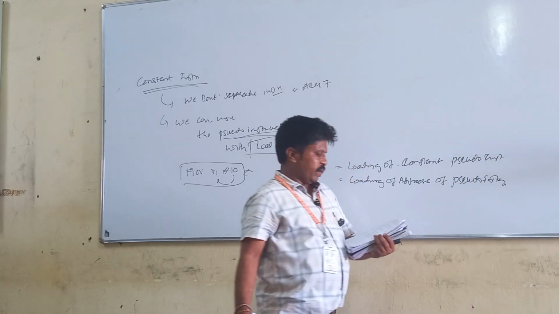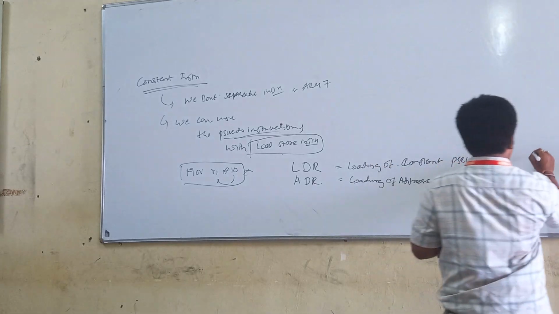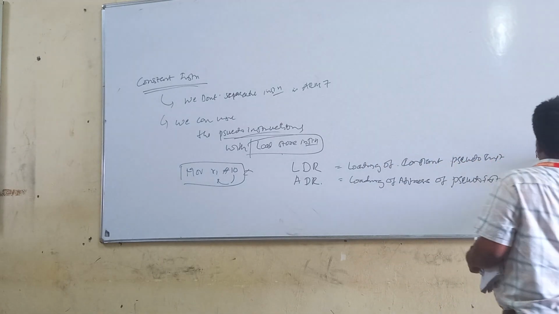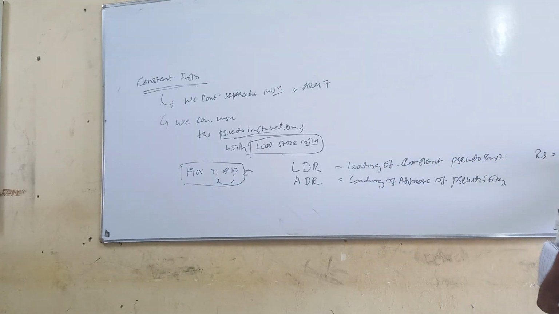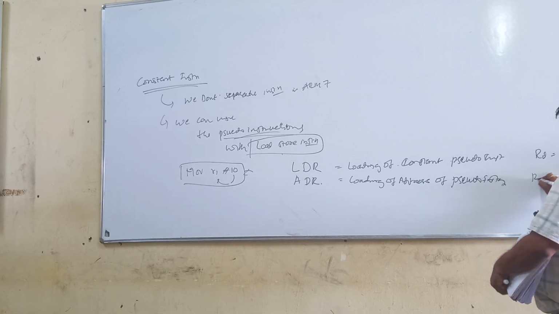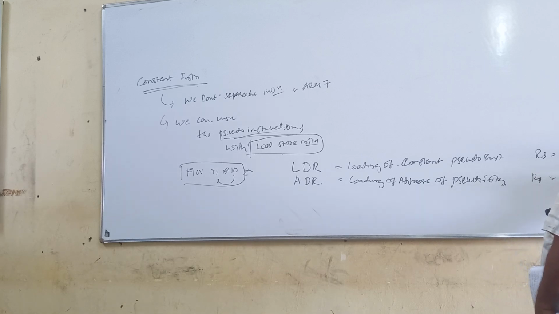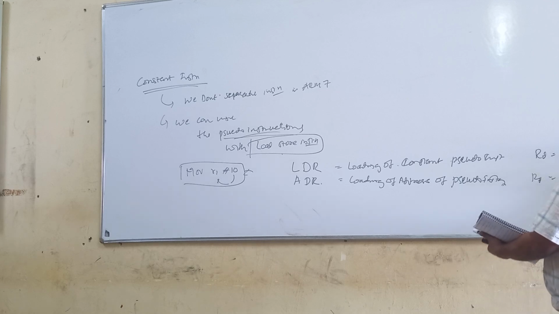The syntax is: RD equals a 32-bit constant, and also RD can be a 32-bit address. What we are doing here is a relative address to the particular constant.